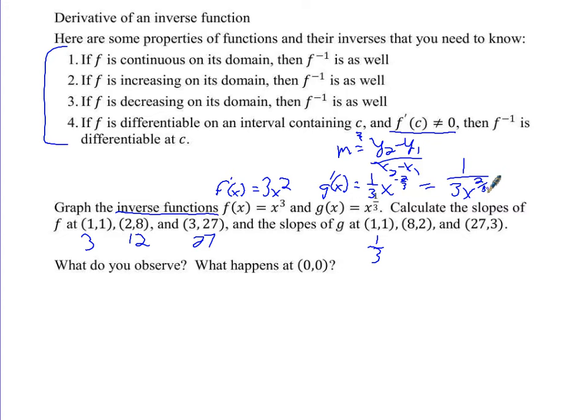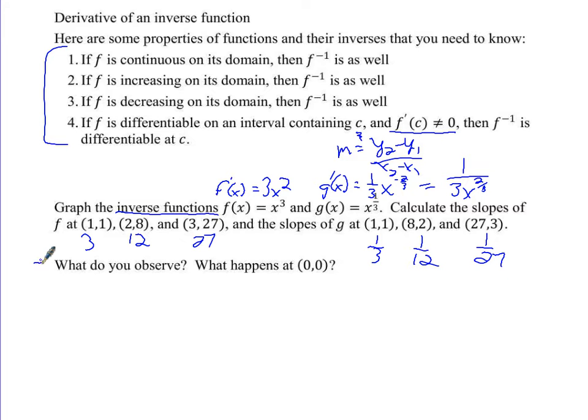I prefer the cube root first when I'm dealing with a perfect cube because it makes my numbers smaller. So the cube root of 8 is 2, squared is 4, 4 times 3 is 12, so we have 1/12. And then how about 27 comma 3? You're going to guess it's 1/27th? Just a guess? It is 1/27th.